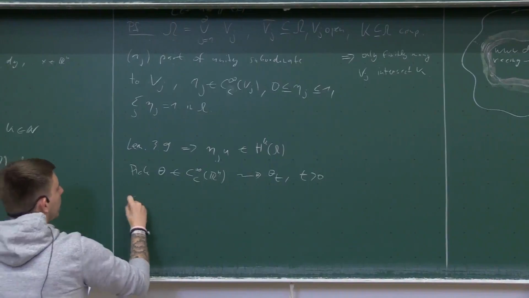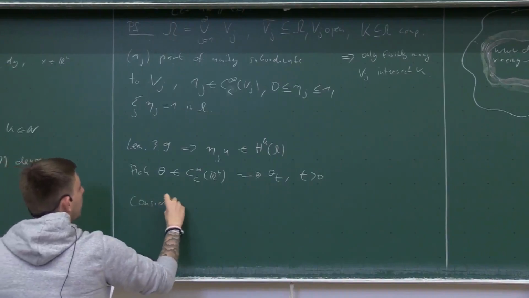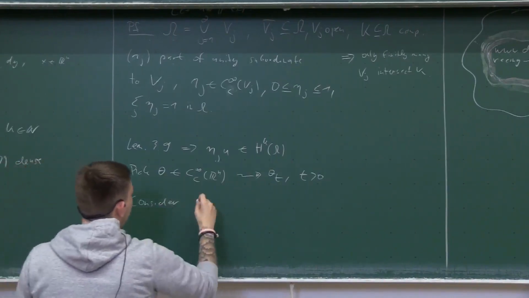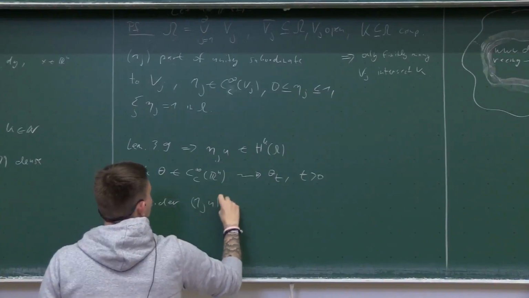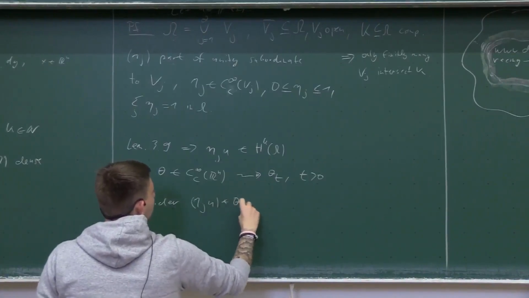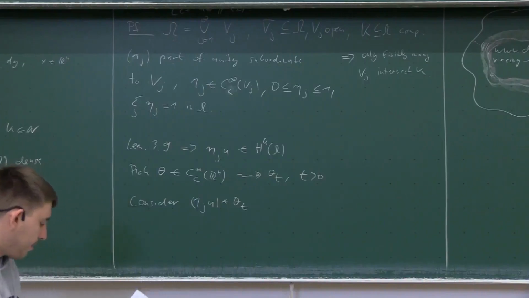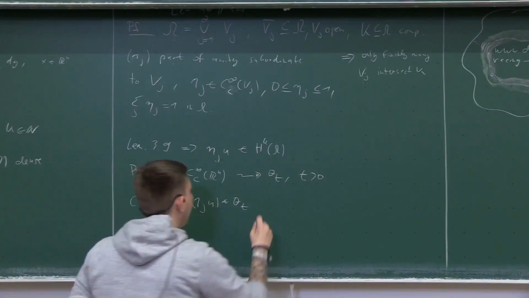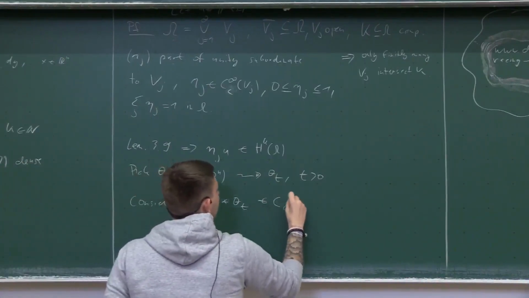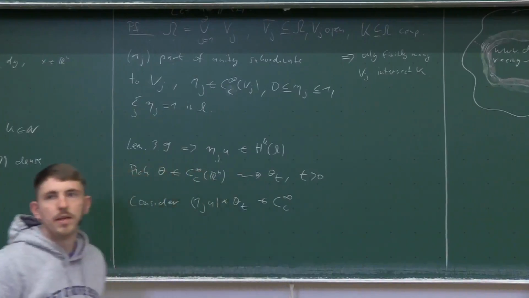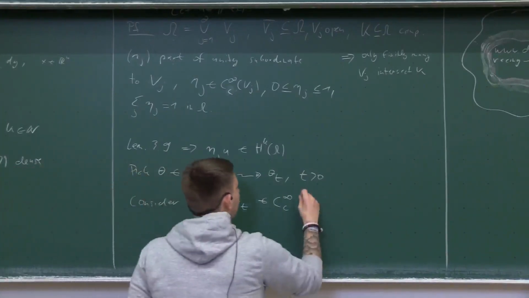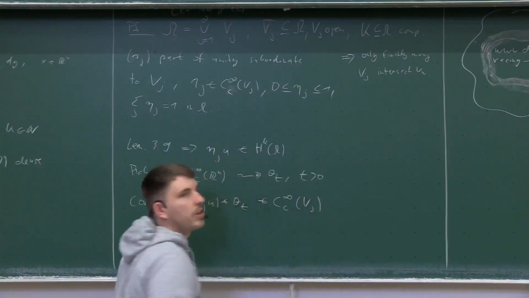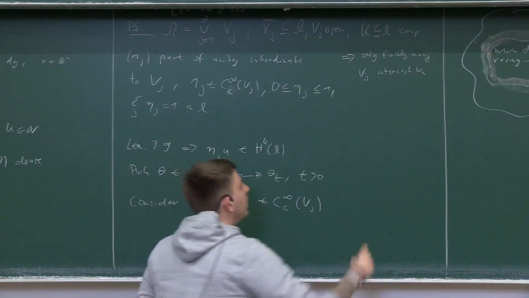Okay, so we consider eta j u mollified with theta t, and I claim that this is a C infinity function on Vj. Why is this the case?